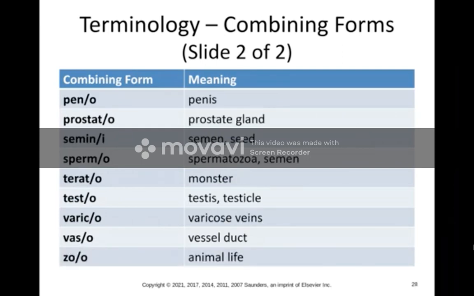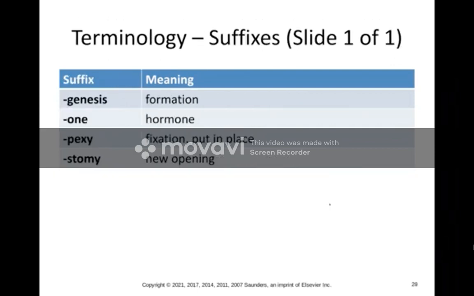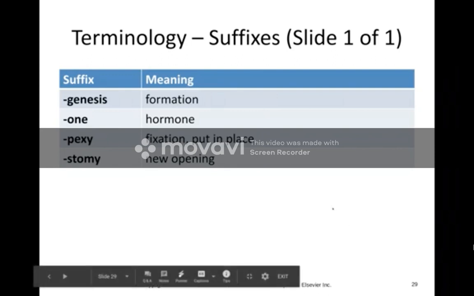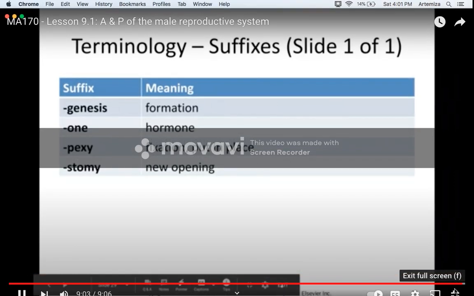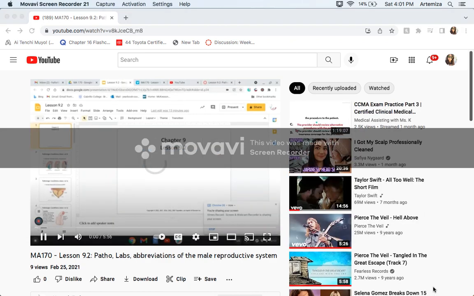Pino, prostato, semini, spermo, terato, testo, varici or varico, vaso, zoo. Suffixes are genesis, -one, pexy, stomy. Oh, and that's it. That's the end of 9.1.